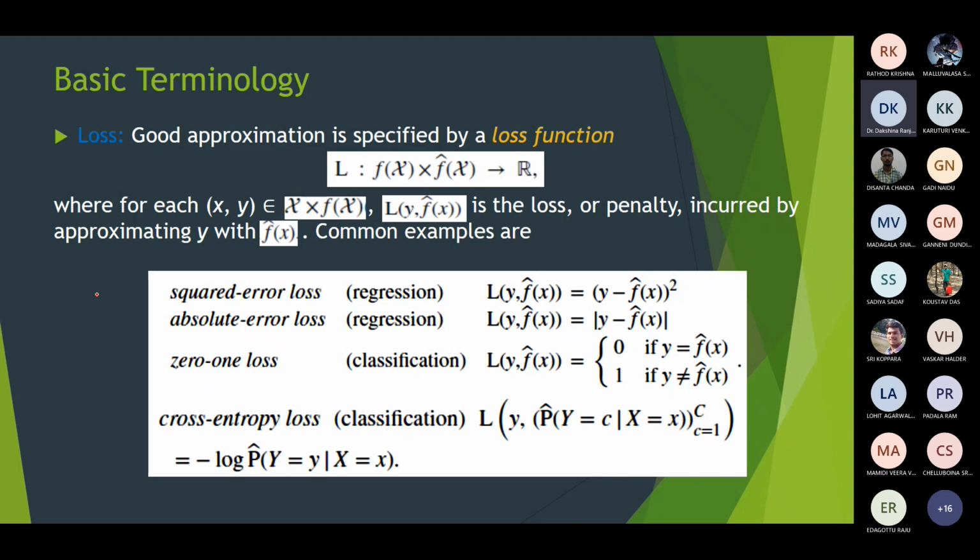In absolute error loss, we take just the absolute value of the deviation between the original function and the approximated function, not the square. Both these loss functions can be used in regression for getting the prediction as responses.